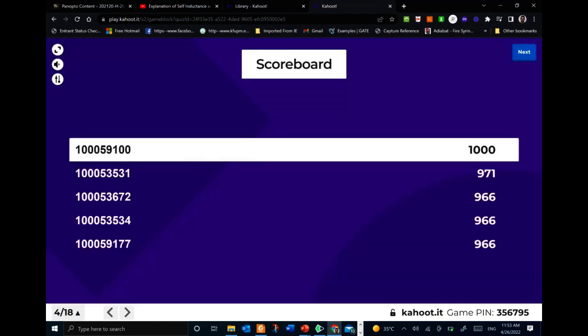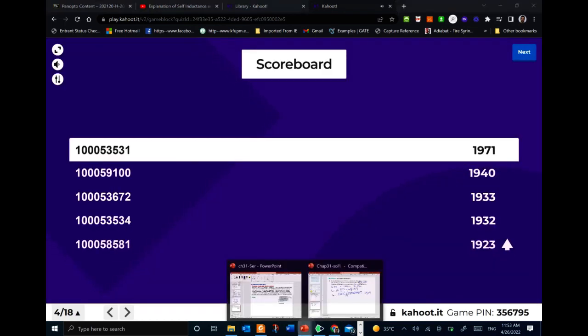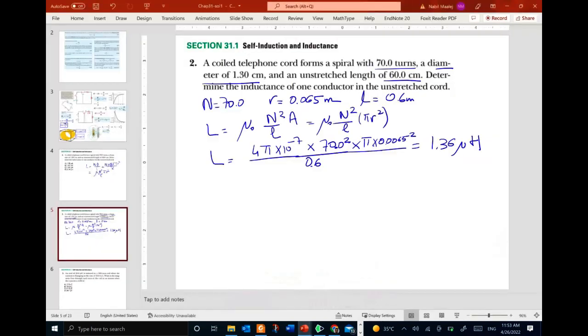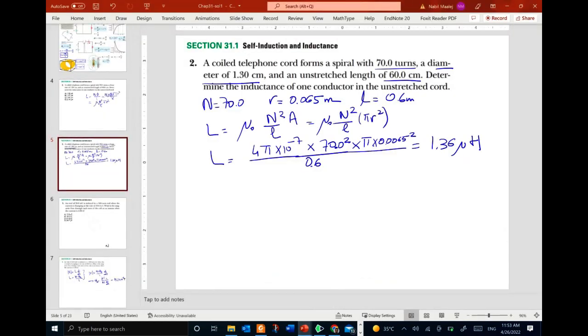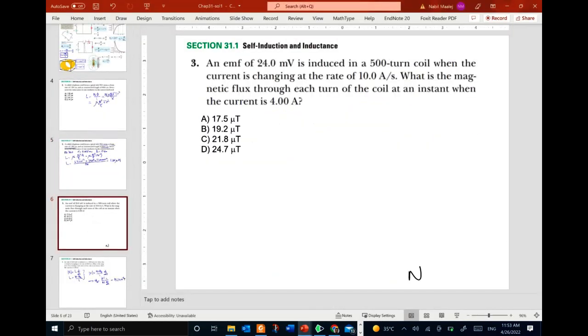All right, so let's actually. So here we have an EMF of 24 millivolts induced in a 500 turn coil when the current is changing at 10 amps per second. What is the magnetic flux through each turn of the coil at an instant when the current is 4 amps?